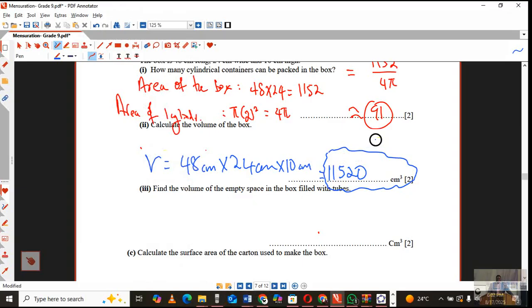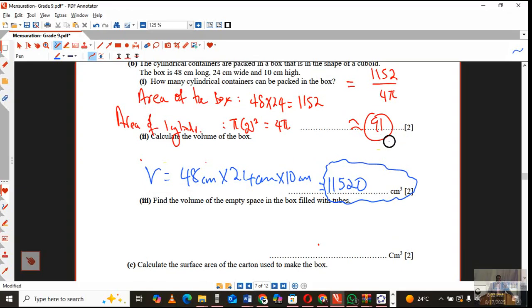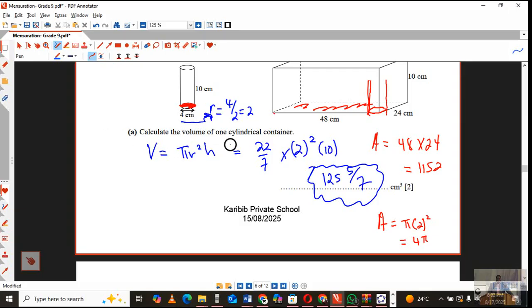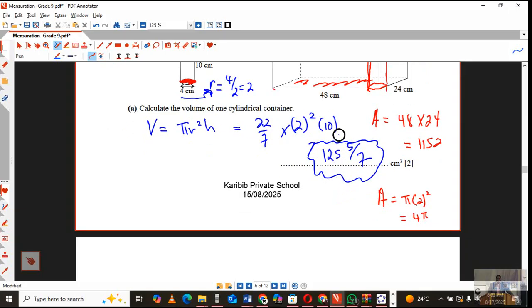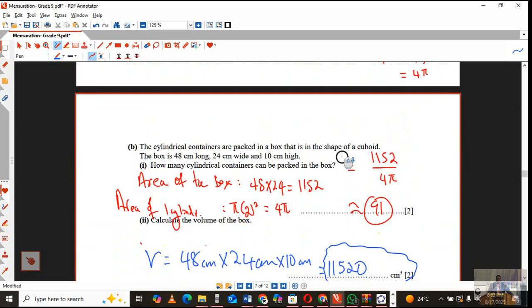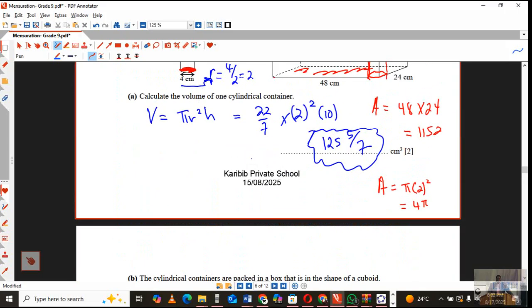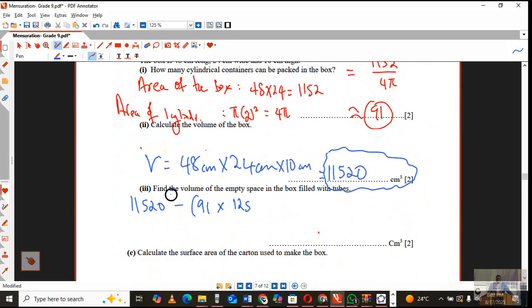Find the volume of the empty space. Now, the volume of the empty space, with the tubes. Now here's the thing, the volume of one tube we did calculate. The volume of one is 125 and 5/7. And we know about 91 of them will be there. So if you take 11,520, the volume of the box, minus 91 times the volume of one, which was 125 and 5/7, that should tell us more or less the amount of empty space that's going to be there.